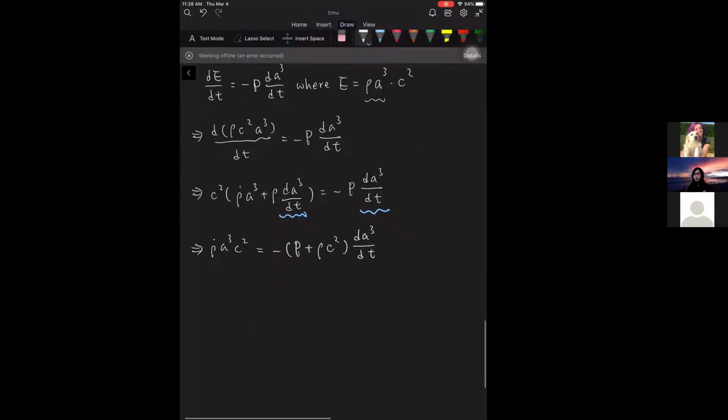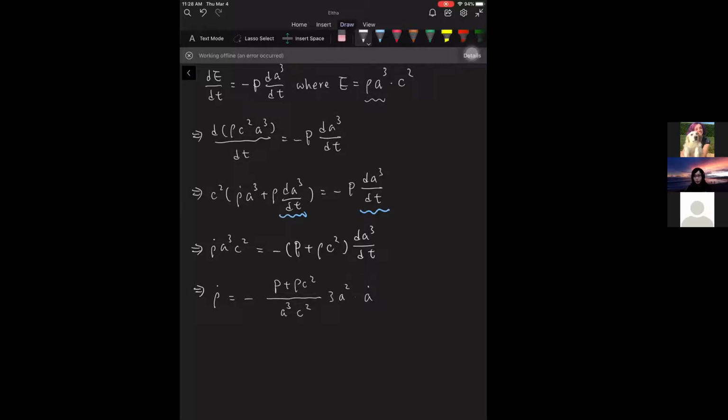Now we are very close to the continuity equation. We can write rho dot equals minus (p plus rho c squared) divided by a cubed c squared, and d(a cubed)/dt is 3a squared times a dot, right?